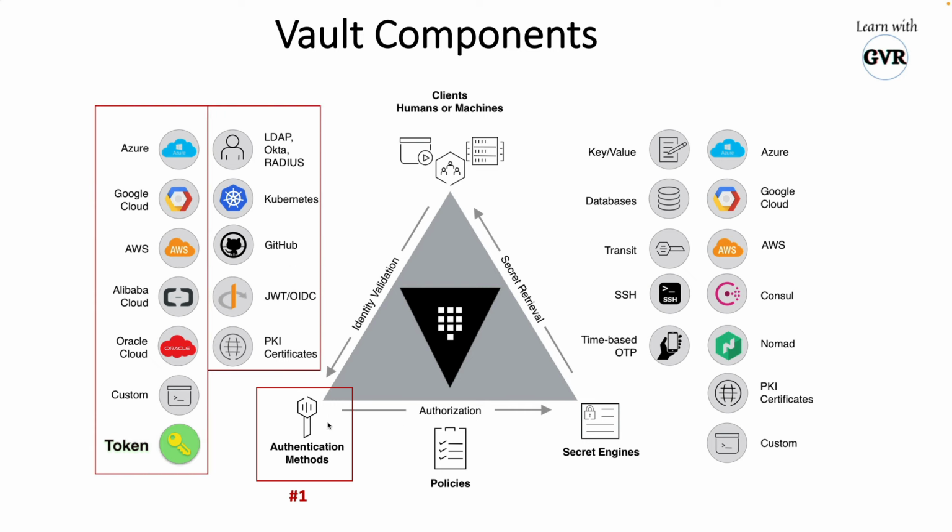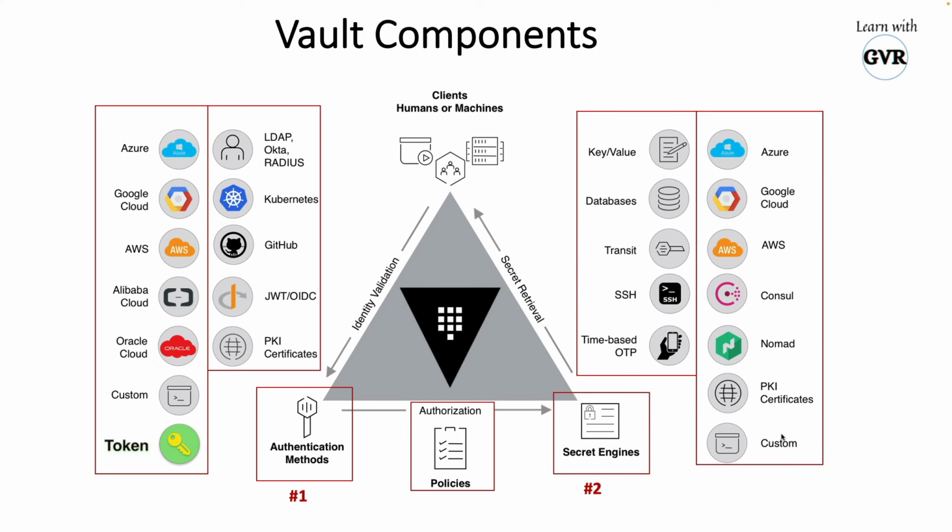Now this is the authentication. Also there are policies. This is like authorization. You can define authorization policies like who, when, and what can access this Vault cluster. Second most important is the secret engine that we have seen in the previous slide. These are all the secret engines you can store. Not only these, there are many.